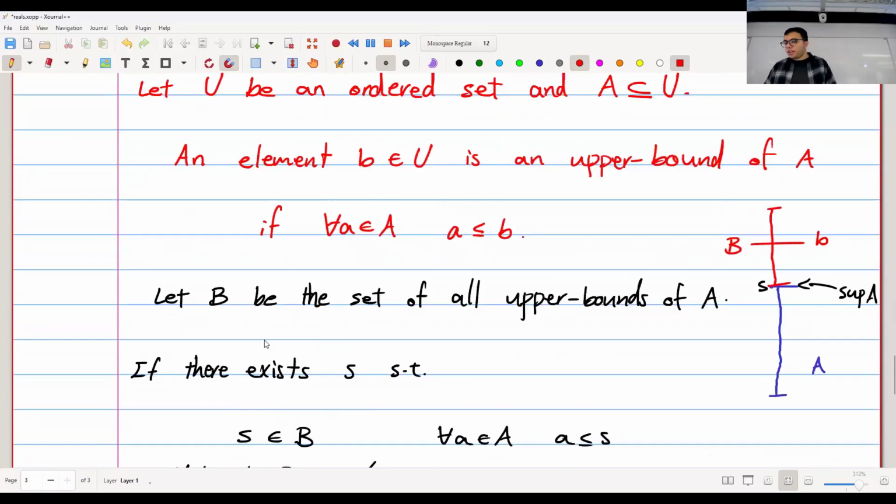Now, what do I like to have? Sometimes I have this set A, and it doesn't have an upper bound at all. In the cases where it doesn't have an upper bound, I don't really want to talk about the supremum. But when it does have an upper bound, I would like it to also have a supremum.